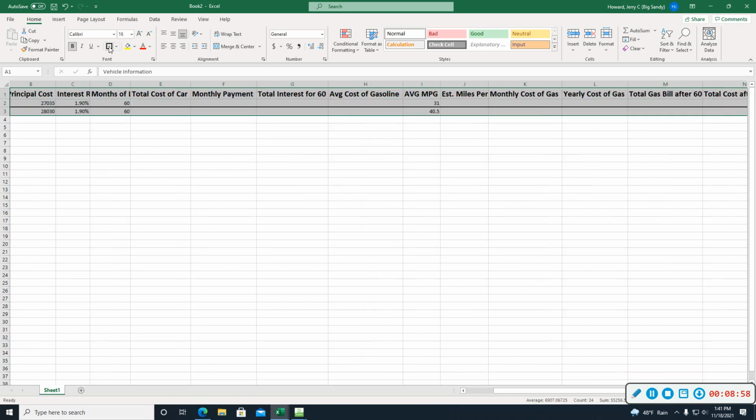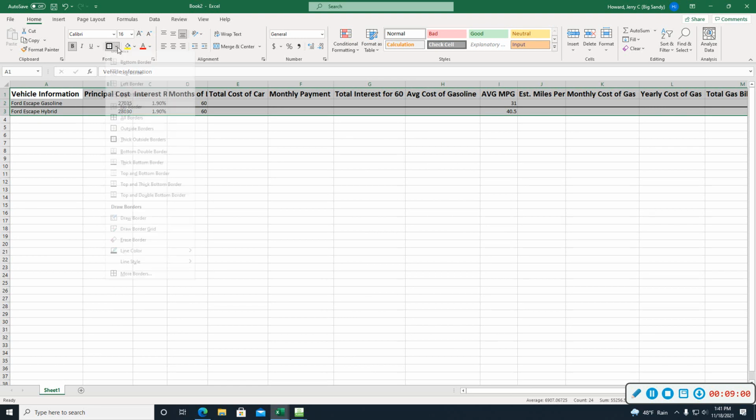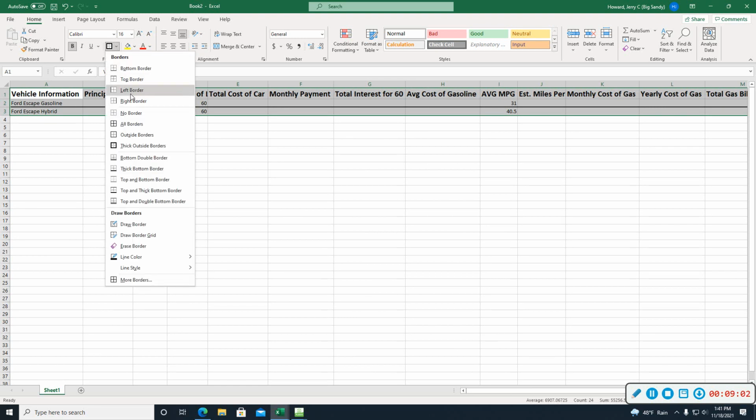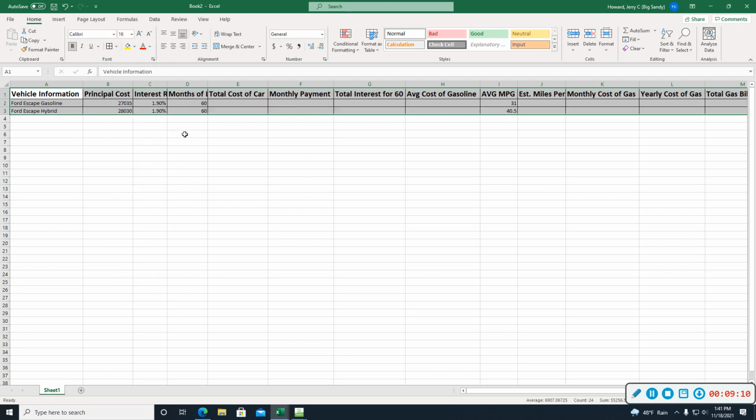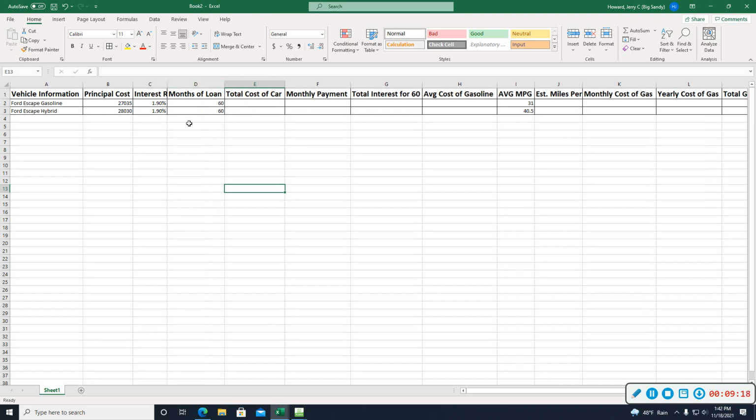I want a heavy border around it, and then we're going to put the little borders around everything, all borders. So there we go. So we got our borders in there, it's looking good. So now let's do some analysis of this car.